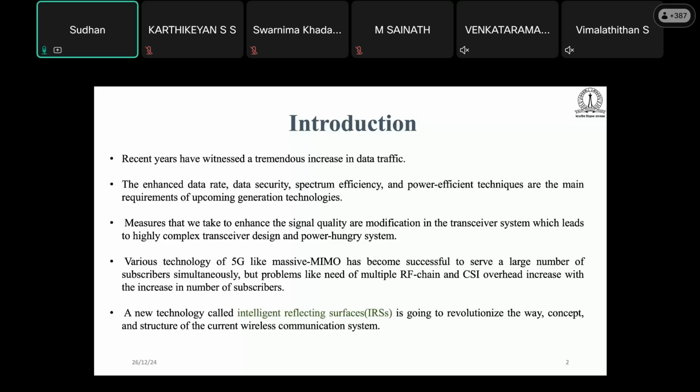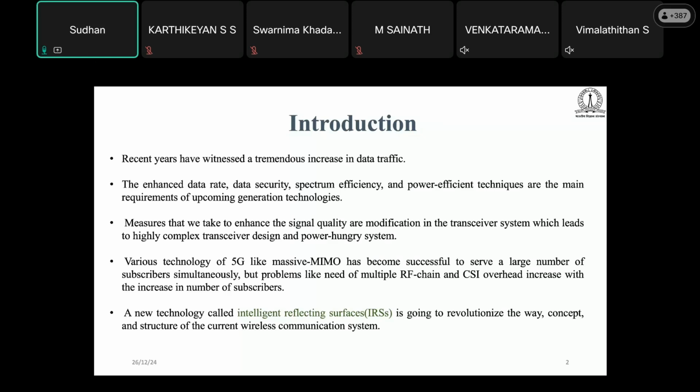Not only that, if we want to increase the number of antennas at the base station or at the transmitter, we also have the CSI overhead, the channel state information we call CSI.